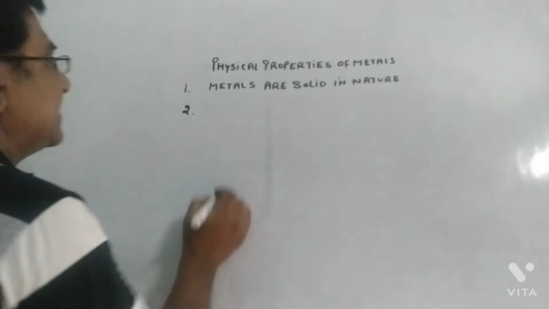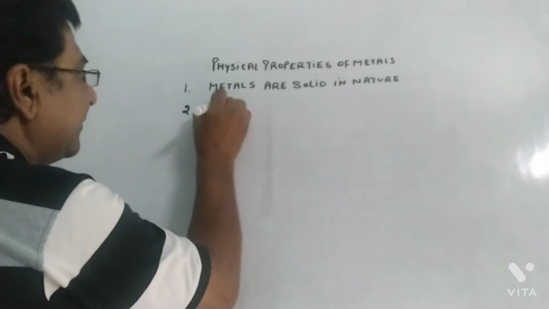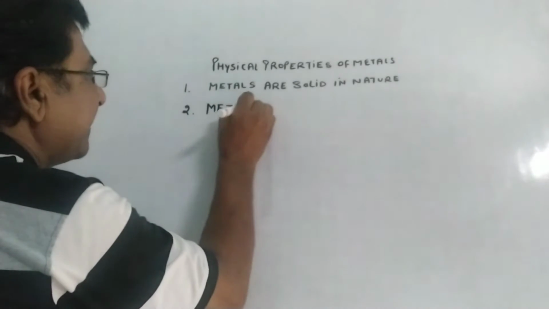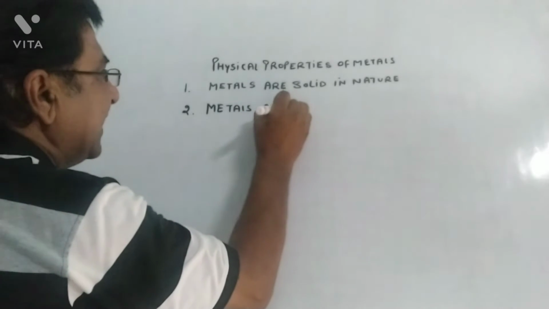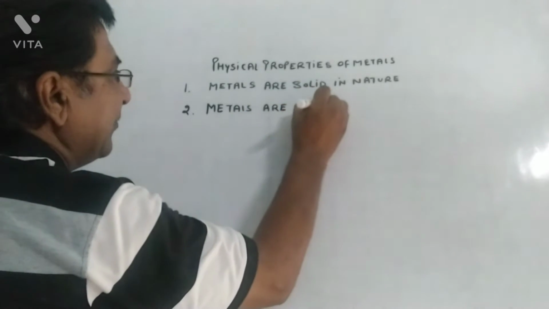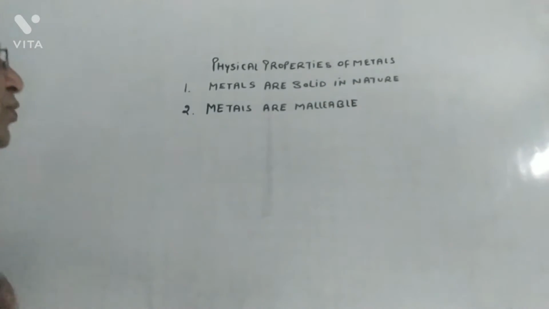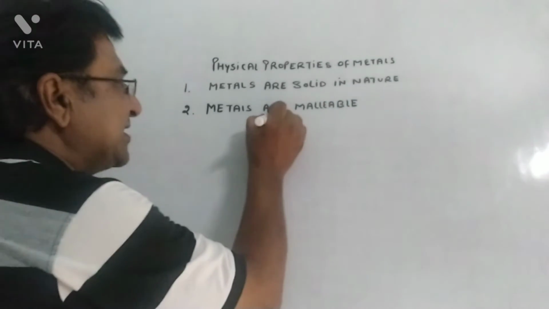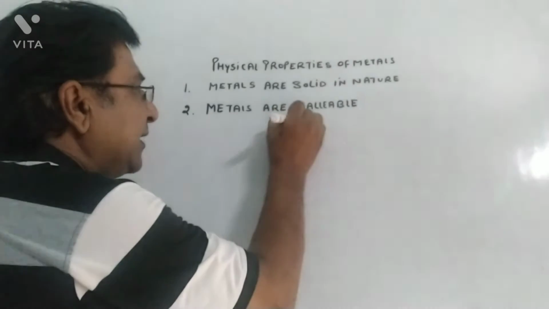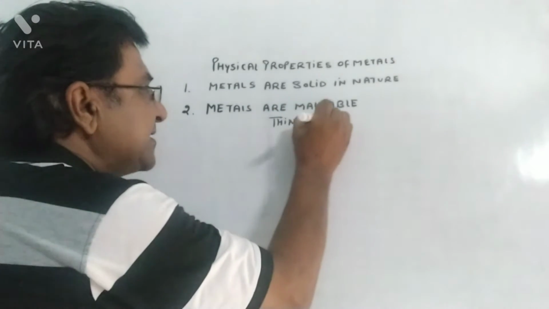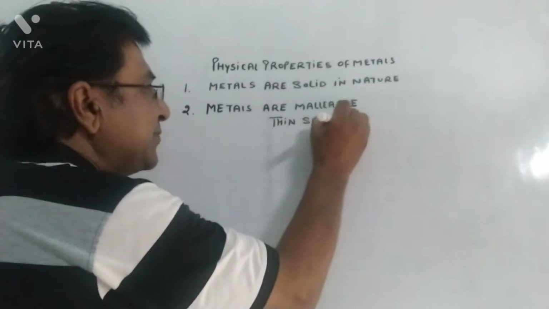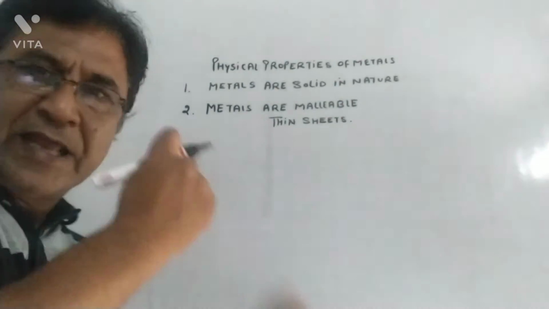The next one is metals are malleable. What do you mean by malleable? Malleable means they can be converted into thin sheets by being subjected to some strength or hammering.